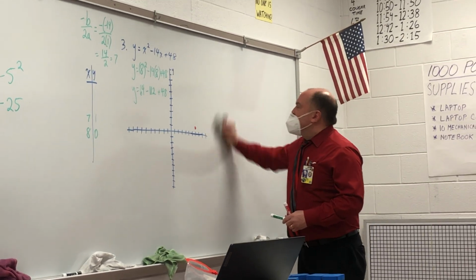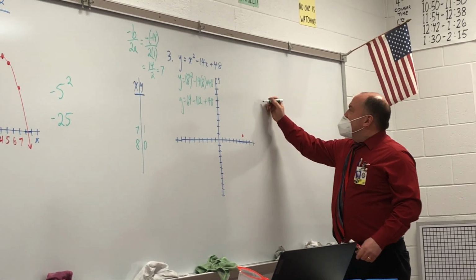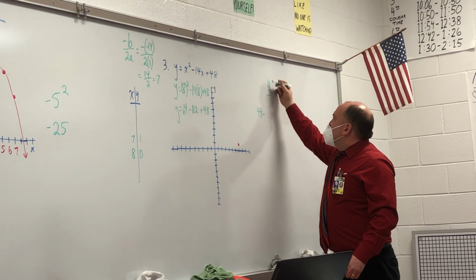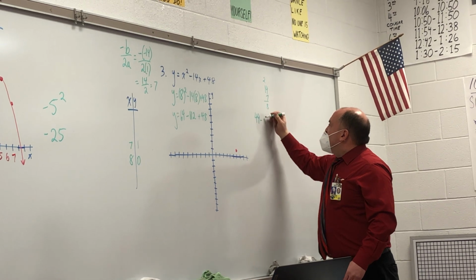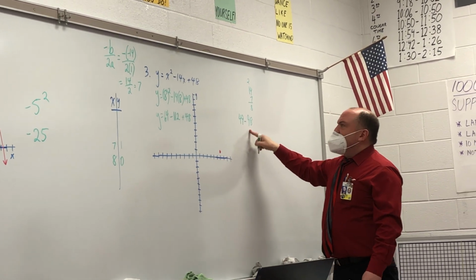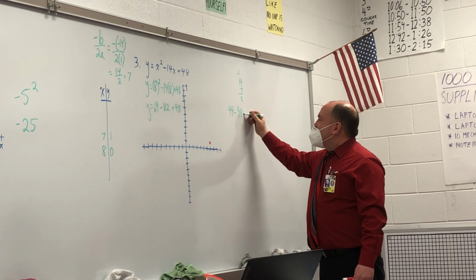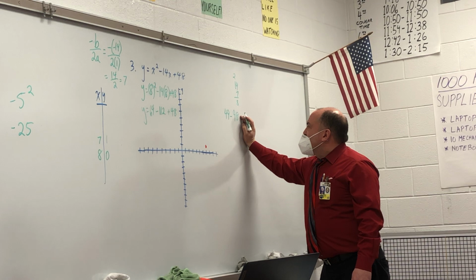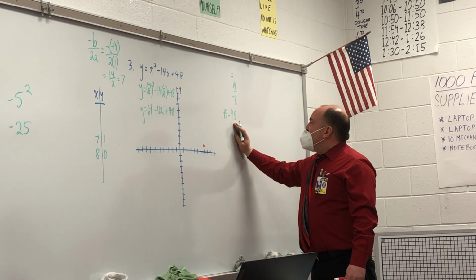I did something wrong. Let me do 7 again. 49 minus 14 times 7 is 98. What's 49 minus 98? Negative 49.